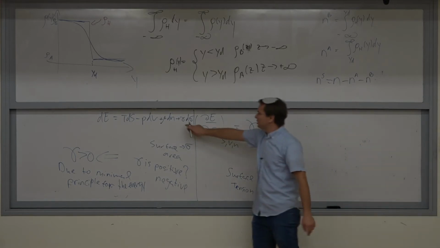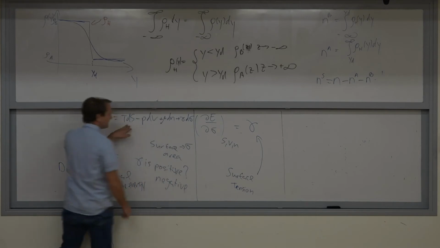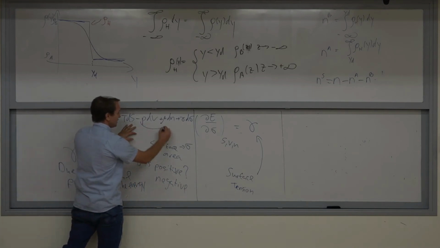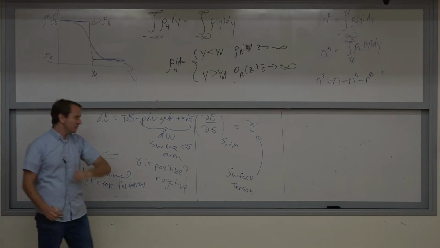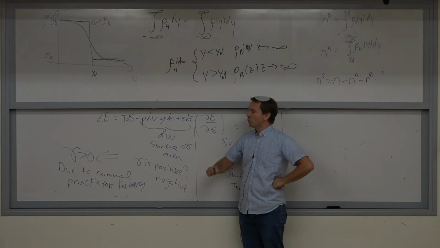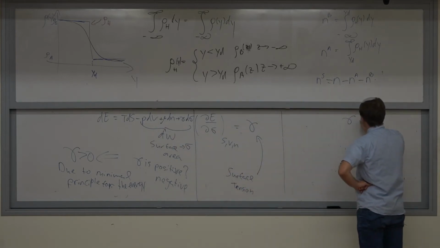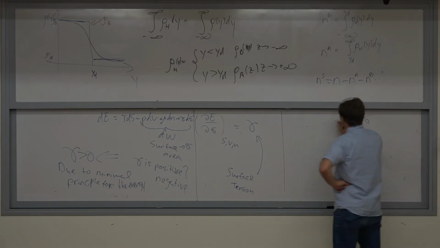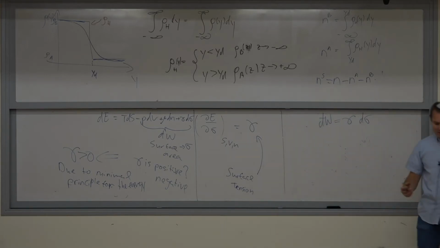So from this definition, dE is gamma d sigma, and all of this is dW, right? The amount of work that I perform. If I haven't changed the number of molecules, and if my volume has not changed, gamma d sigma is dW. What is the amount of work that I performed?